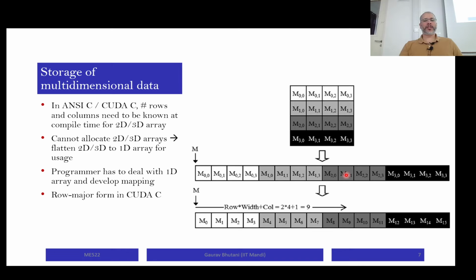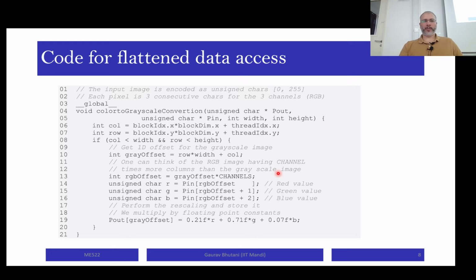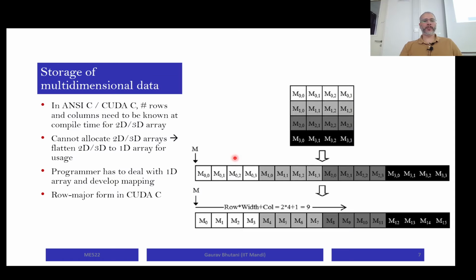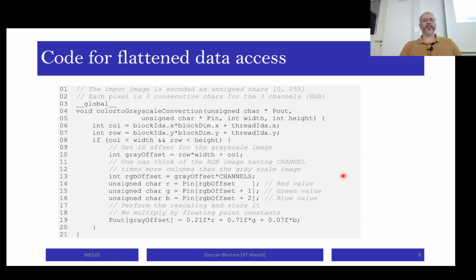So the formula is 4 times 2, where your width is 4, row number is 2, plus column which is 2 as well. So 8 plus 2 is 10. So this is just a mapping between a matrix which is 2-dimensional to 1D.